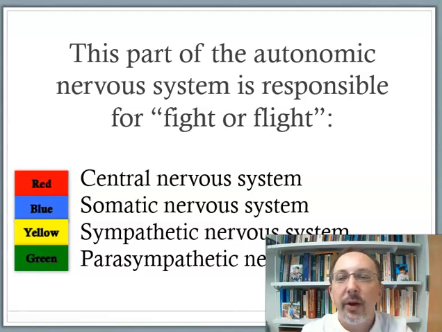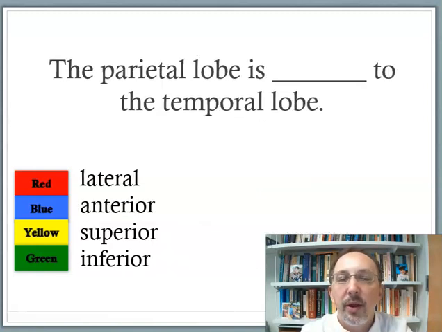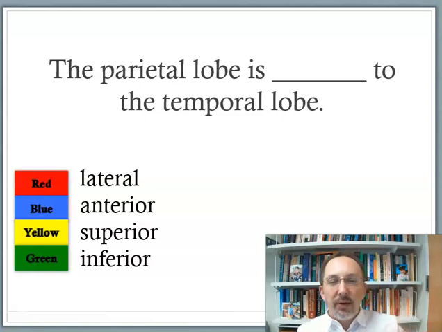Now let's take a look at how we are with our terminology. The parietal lobe is what compared to the temporal lobe? Is it lateral, anterior, superior, or inferior? Well, let's consider what this means. Parietal lobe is kind of above it, right? So you've got your brain, you've got parietal lobe above your temporal lobe.